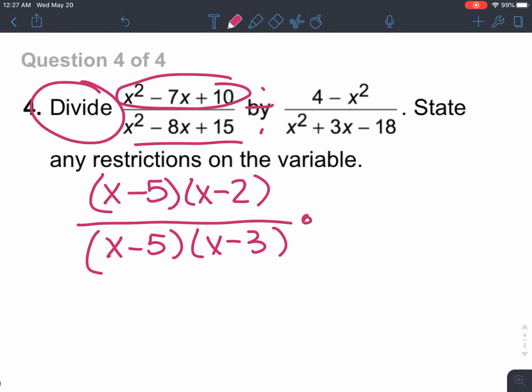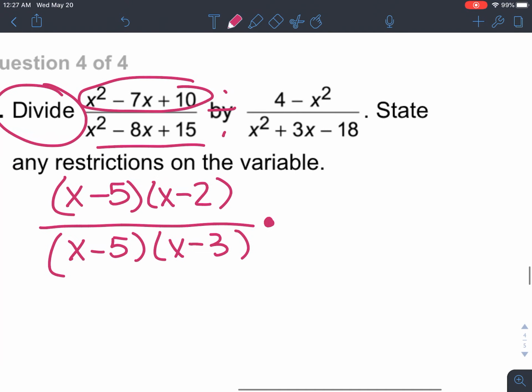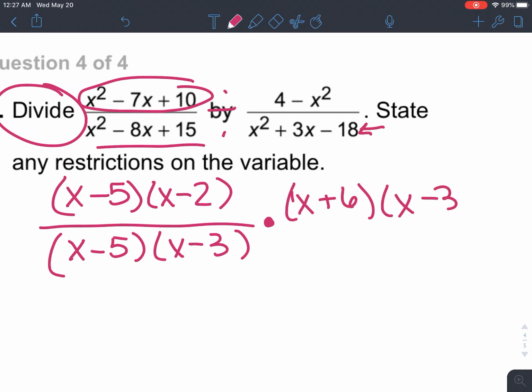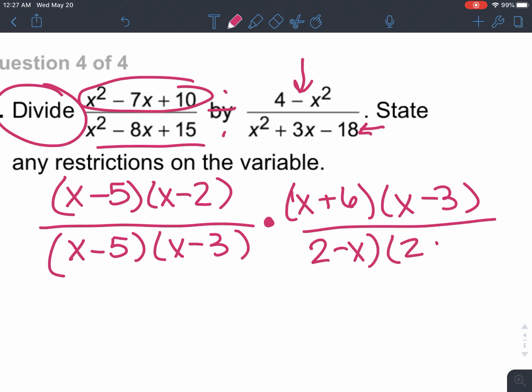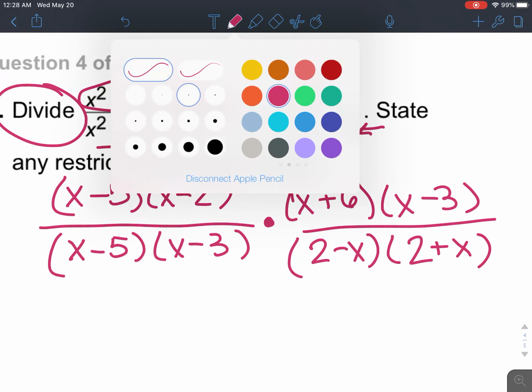But I'm going to flip this and factor at the same time. So this will be, let's see, x plus 6, x minus 3. And then this will be 2 minus x, 2 plus x. Oops, that kind of looks like a z, so let's make that a 2.